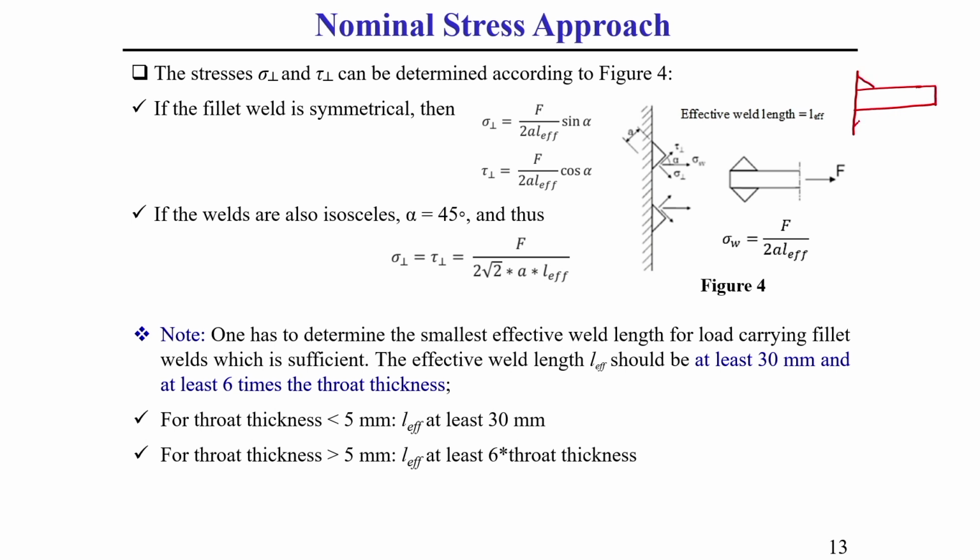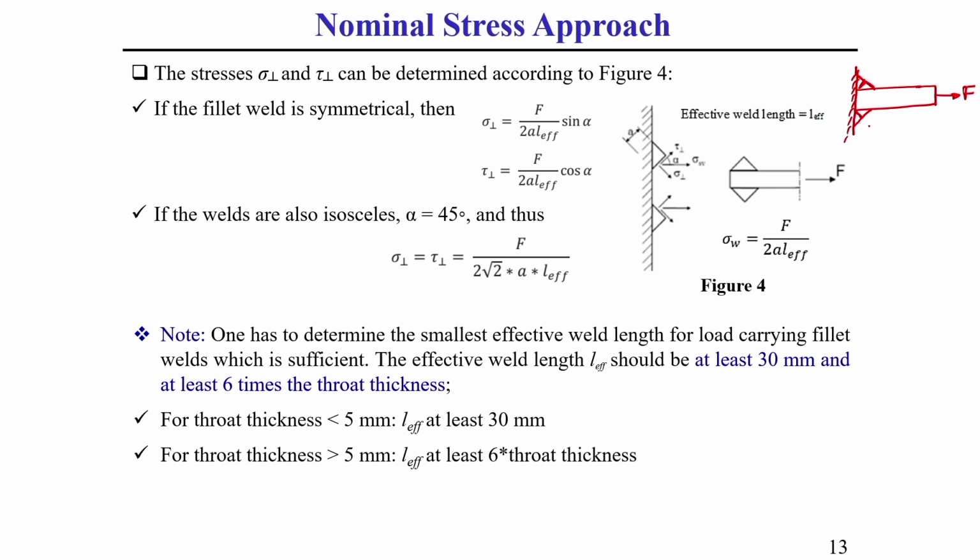This is one fillet weld and this side is another fillet weld. It is subjected to a load, a force F. For this case generally we need to consider this throat area and this throat area.